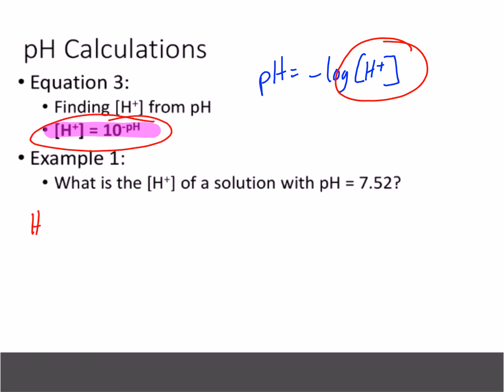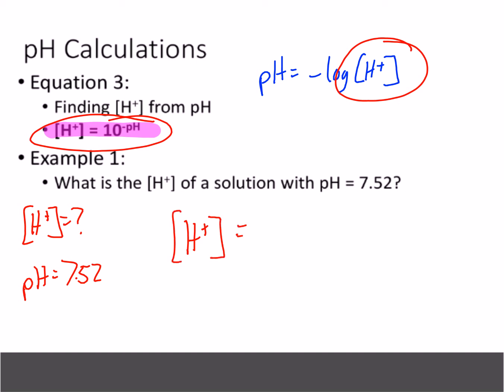We're looking for the hydrogen ion concentration. Okay? We're given a pH of 7.52. So we're just going to plug and chug in this formula. Hydrogen ion concentration equals 10 raised to the negative pH. This is the equation, folks, where you will use the caret key. When we're dealing with concentrations and we're doing our logs, we use the EE button because it's 1 times 10 to whatever power.